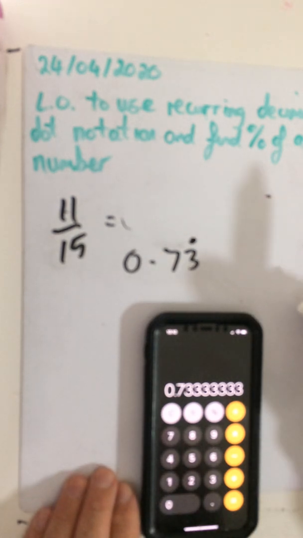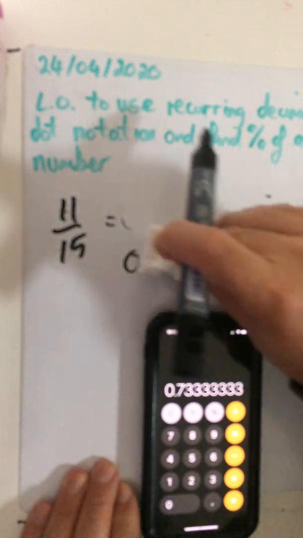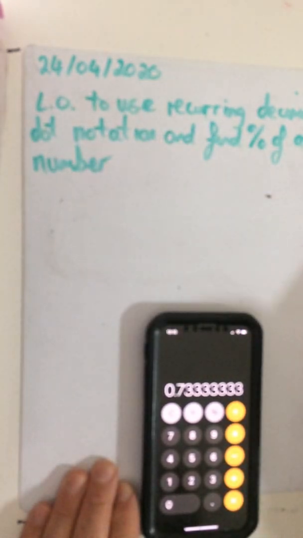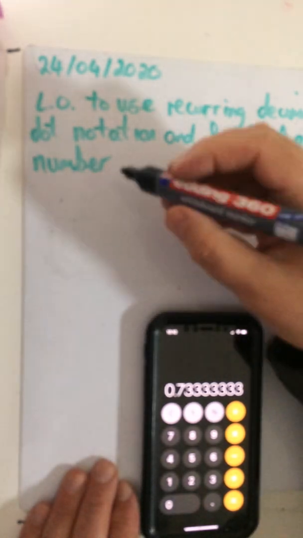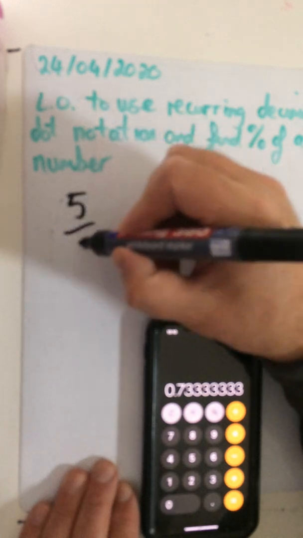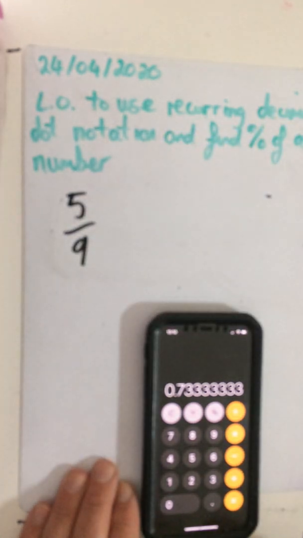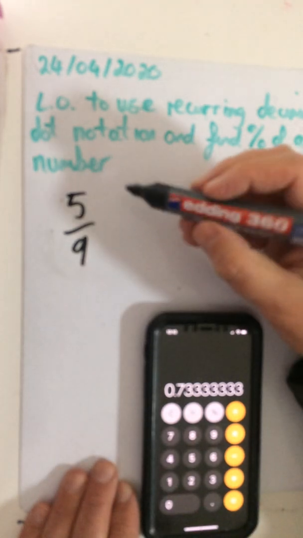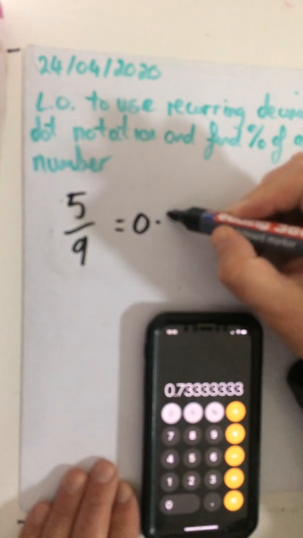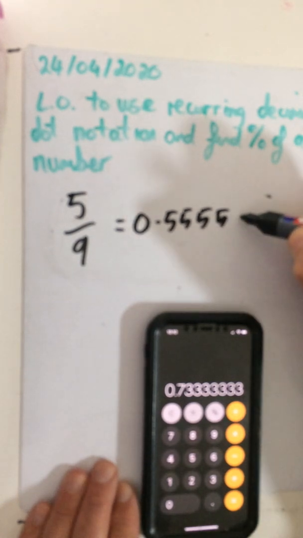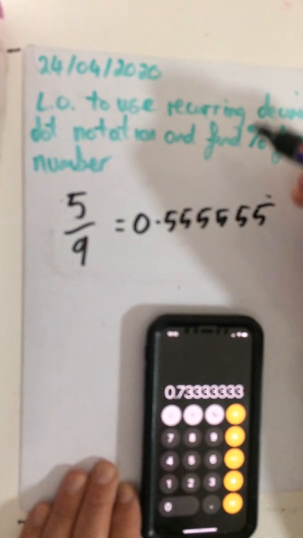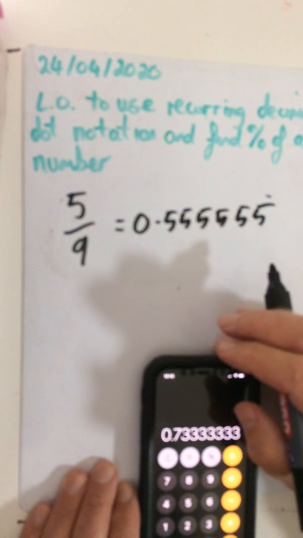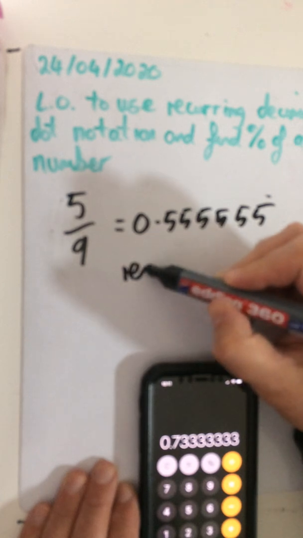Right, just one thing before you go on to do some of the work. Just remember, in case you get a little bit confused occasionally between rounding and dot notation. If I've got 5 ninths, I know that 5 ninths is equal to 0.555, and that will be recurring. You can be asked in 2 ways, to show it recurring using dot notation or rounding to 2 decimal places.